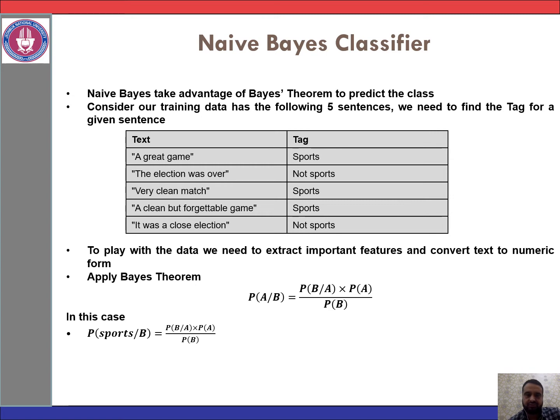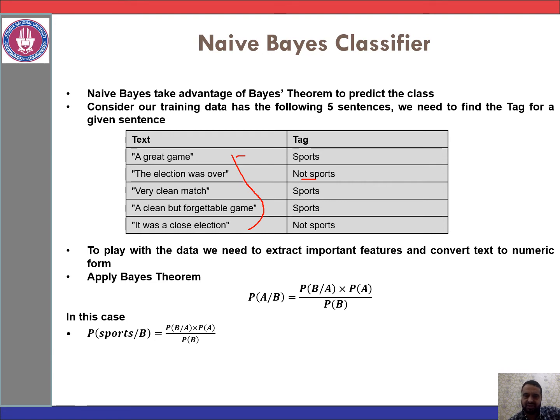Now suppose we have a data set of different text and we want to assign tags. So these are the different texts, and we are going to label them as either sports sentence or not sports sentence. So these sports and not sports are the tags that we are going to assign to these sentences.